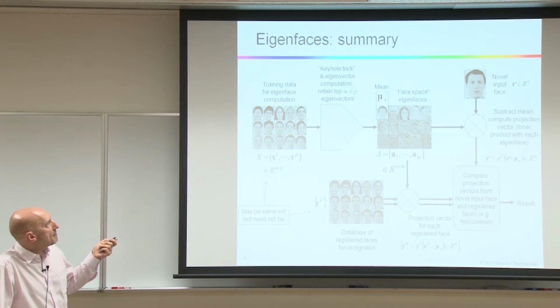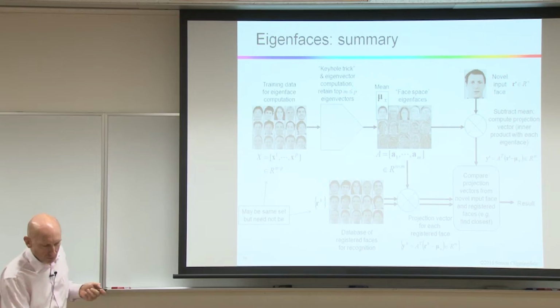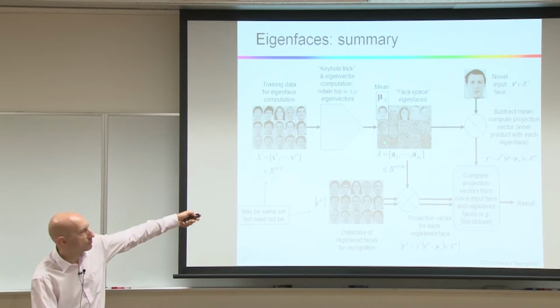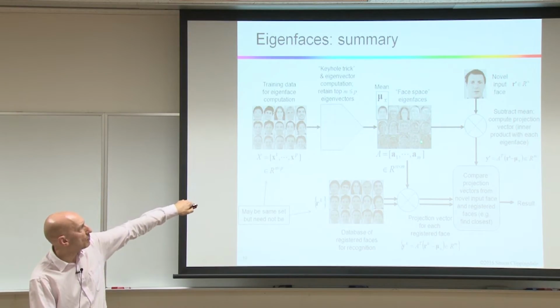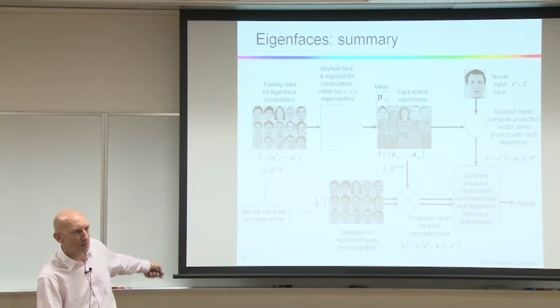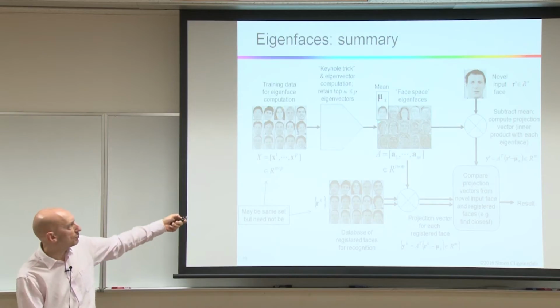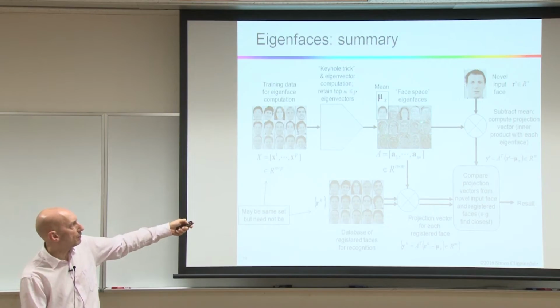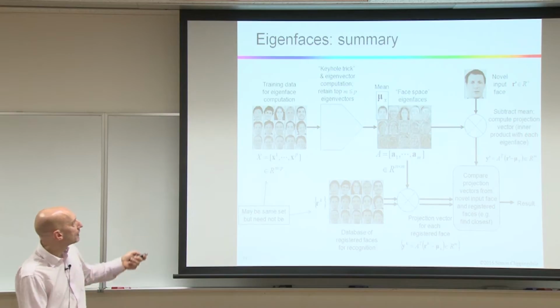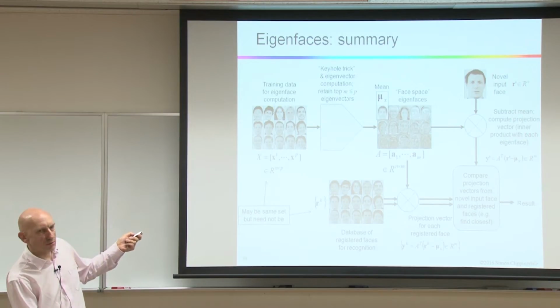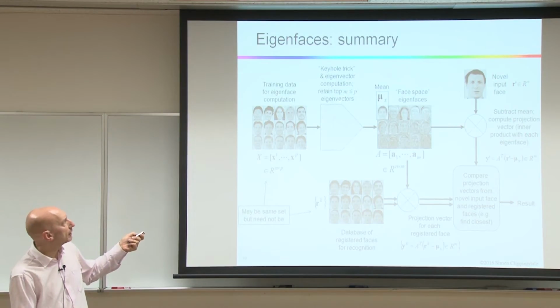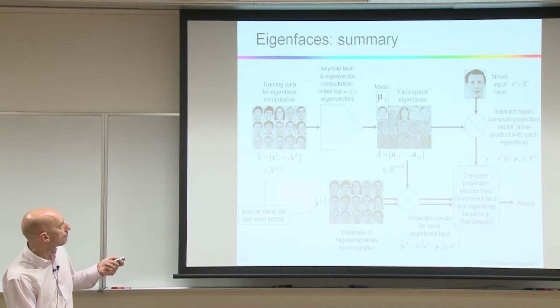Keep only the top m eigenvectors, because as we saw earlier, these get more and more complicated and they represent more and more trivial detail. So the chances are you can actually do your recognition with far fewer than all of these vectors. So we keep only the top few that seem likely to affect the result well.